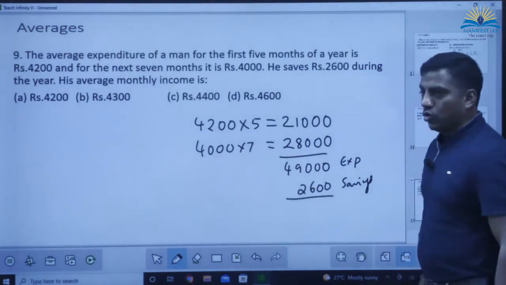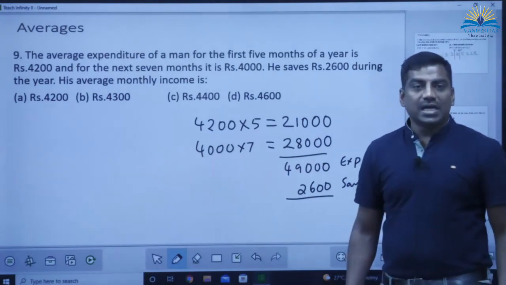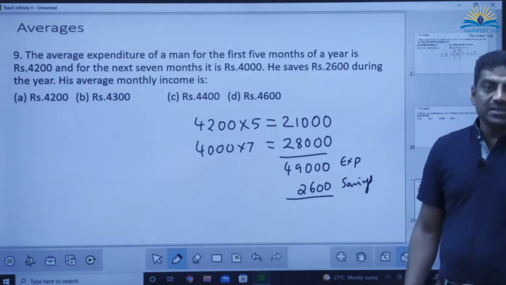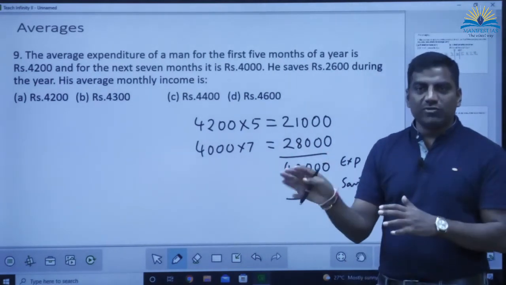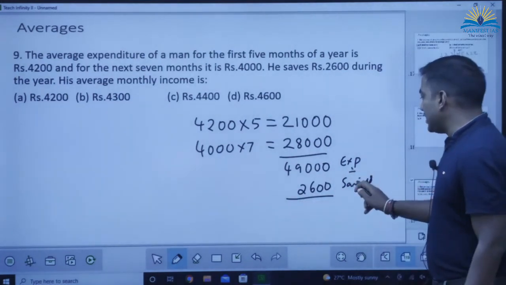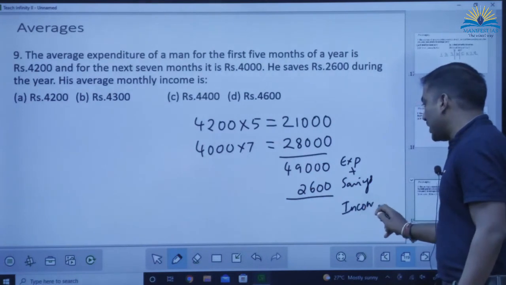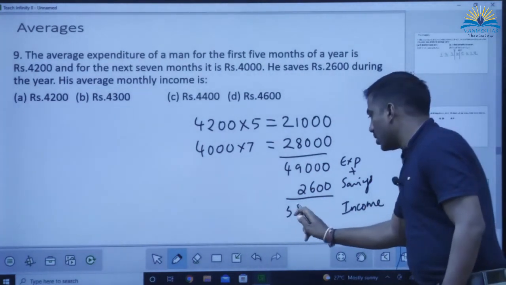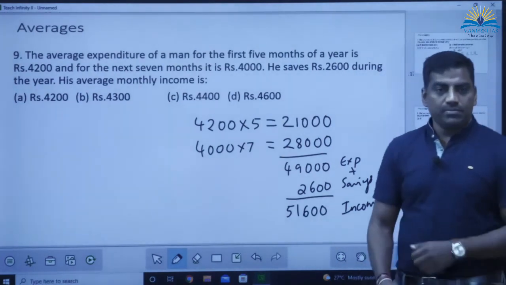And one fact we have to know, universally, income is always equal to expenditure plus savings. From income, you spend something and then you save. So, expenditure plus savings is equal to income. So, what is his annual income? 51,600.